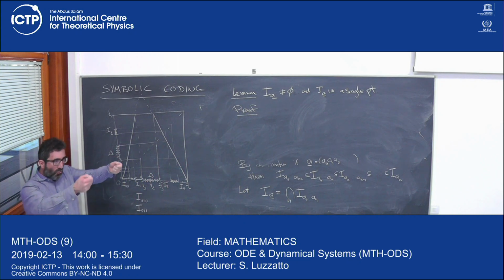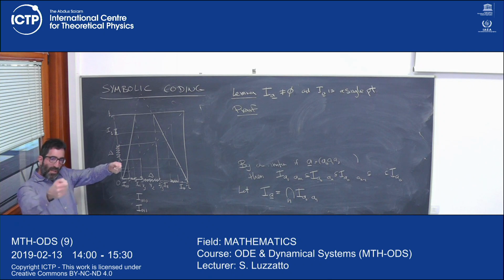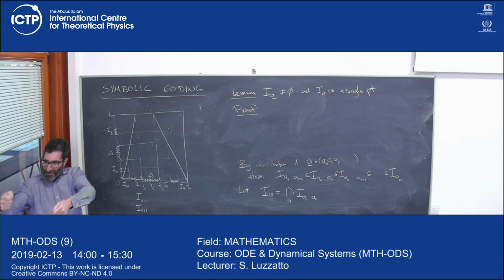The left-hand side of each interval is always less than the right-hand side, so you must have a converging sequence of left endpoints and a converging sequence of right endpoints, and the limit of the left ones must be less than or equal to the limit of the right ones, so they give a non-empty interval, possibly degenerate, possibly a single point.